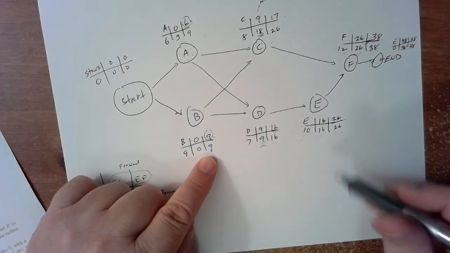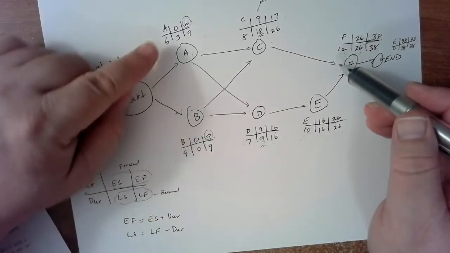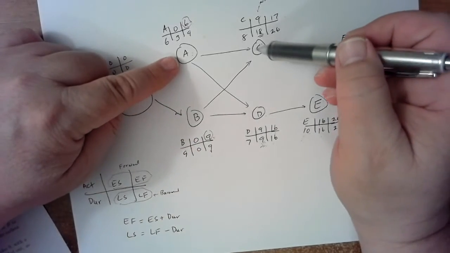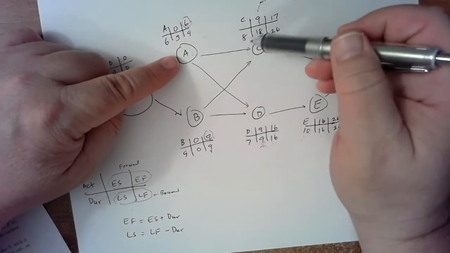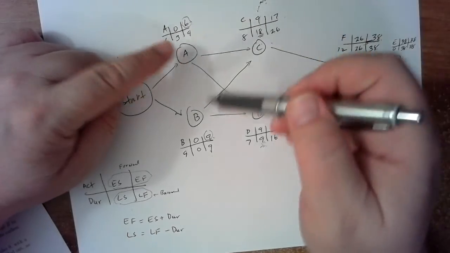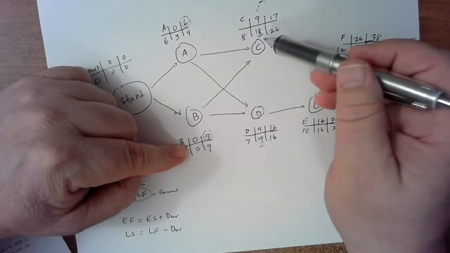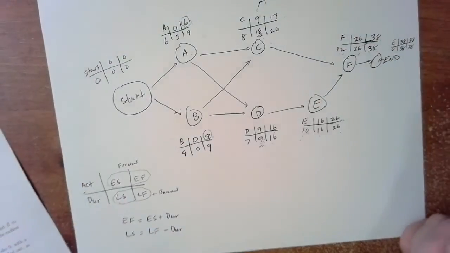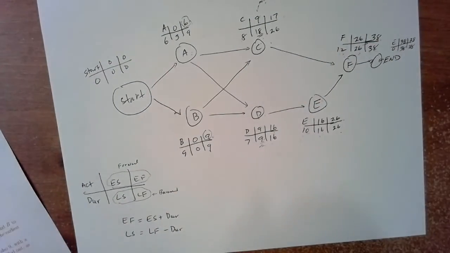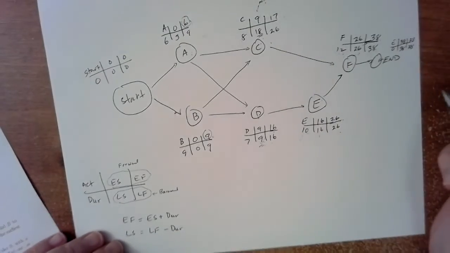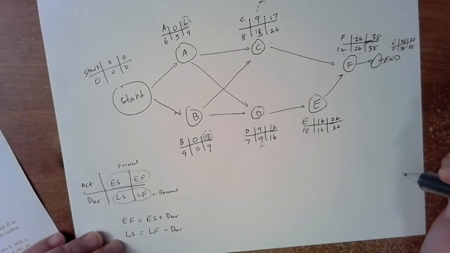So when you're going forwards, you're looking at the predecessors and taking the max. And when you're going backwards, you're taking a look at the predecessors, but taking the min. Okay. Good. Of course, I think it's fairly straightforward to reason it out as well.